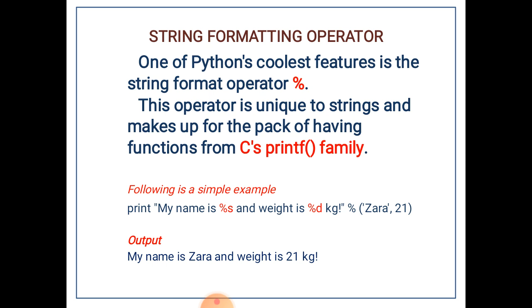Here we can see that Zara and 21 have been given. Zara will be given for %s, 21 will be given for %d. And you can see the output there as my name is Zara and weight is 21 kg.